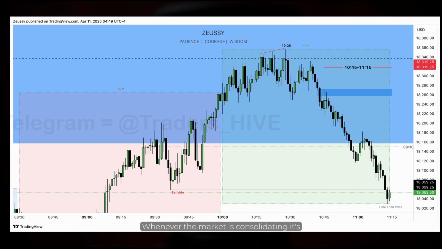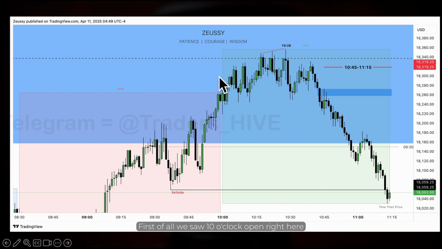Whenever the market is consolidating, it's important to note that SMT ends this consolidation, and the reason why is because it's inside of that SMT that is being presented that we are going to see the market eventually begin to roll over. Notice that at 10:28, the reversal unfolds and we will see the market begin to displace towards the downside. From this moment in time, we have two key variables that we're aware of.